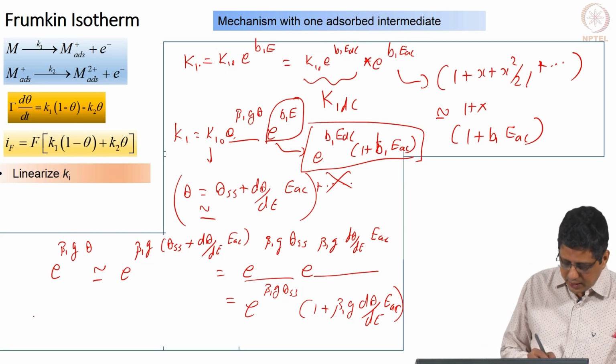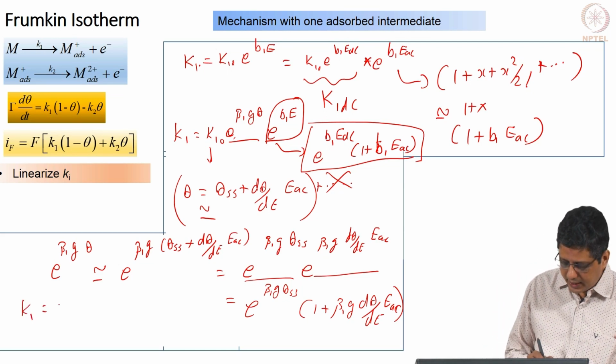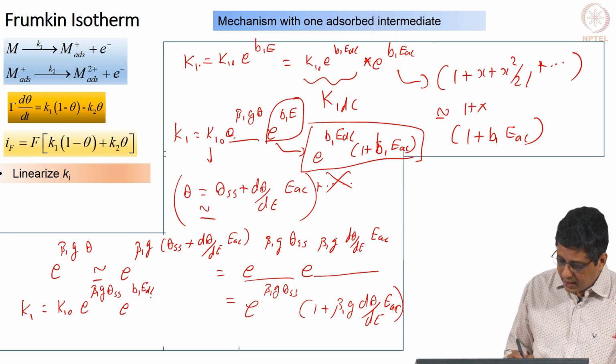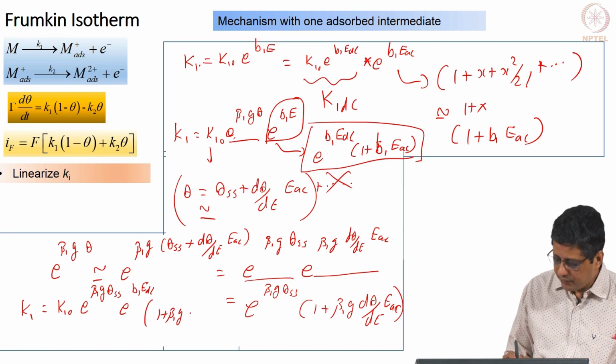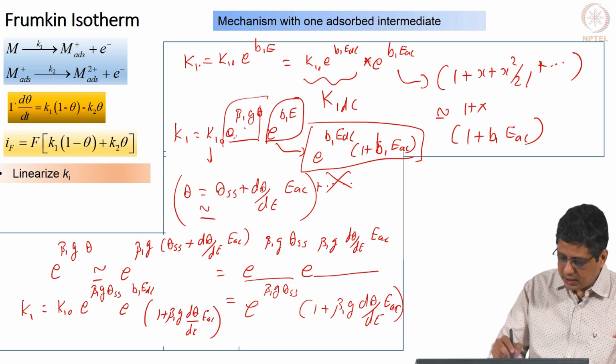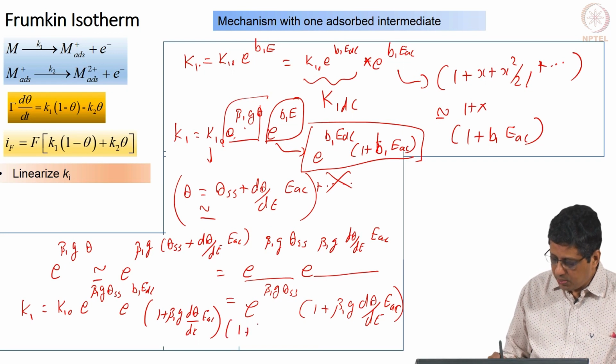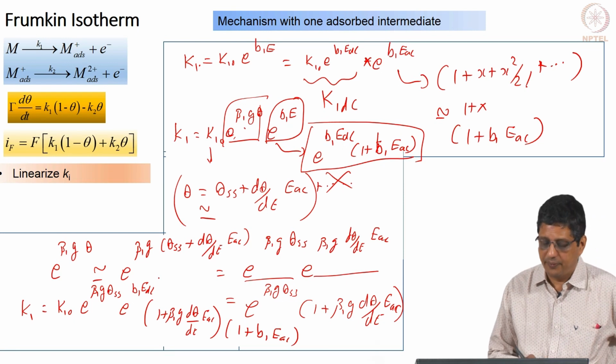So, k1 I can write as k10 e power beta 1 g theta ss e power b1 e dc, and then I have 1 plus beta 1 g d theta by dE EAC that comes from the first part, the theta part here, and then 1 plus B1 EAC that comes from the second part, the potential part.